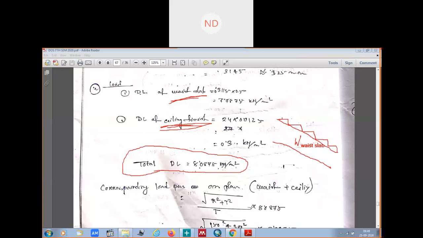We are finding the load per unit horizontal area, the corresponding load per meter of plan of waist slab plus ceiling, which is given by this.